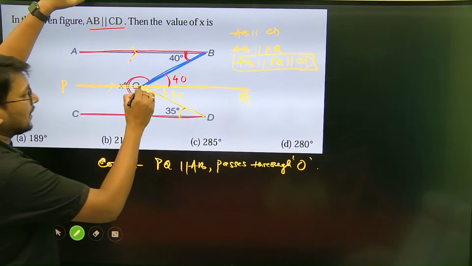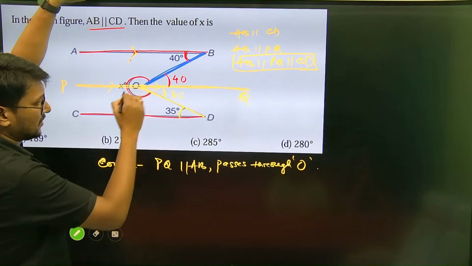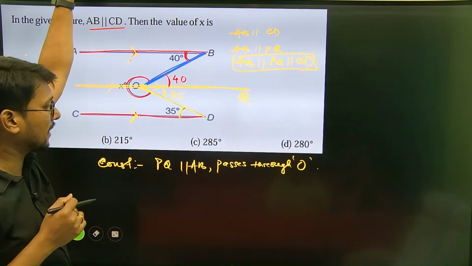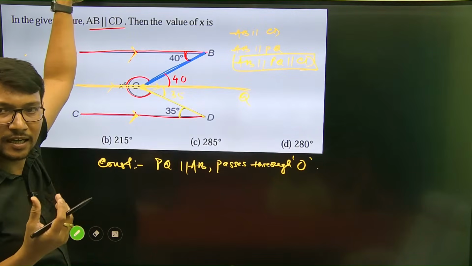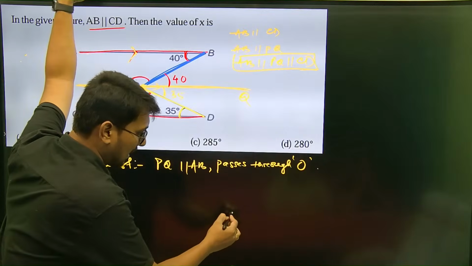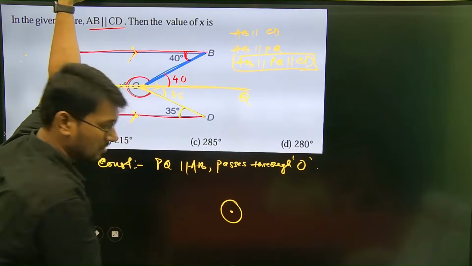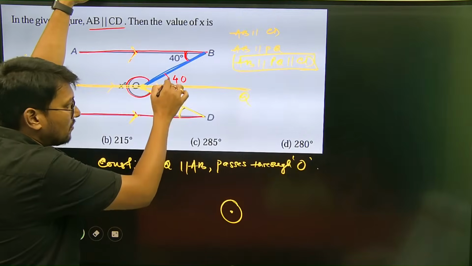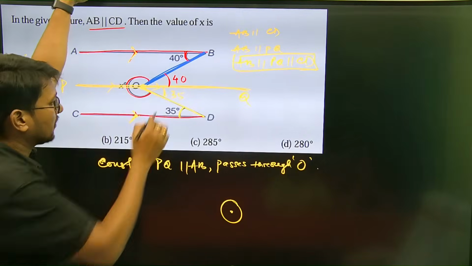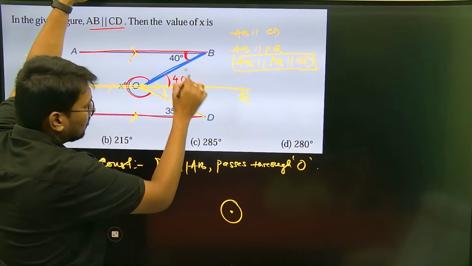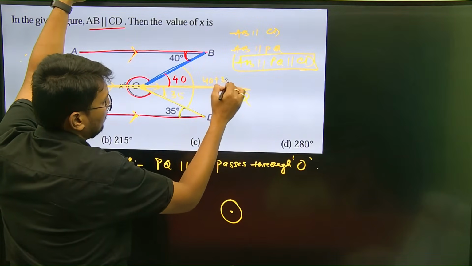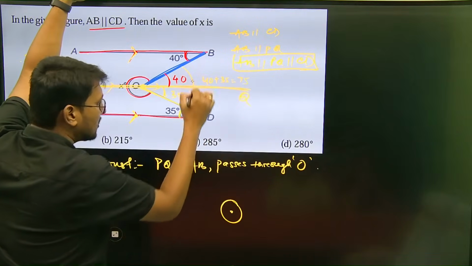Okay, now tell me, the angle at a point is how much? The angle at a point is 360. If on this side the sum is 40 plus 35, the total angle is 40 plus 35 equals 75. So this whole angle is 75.